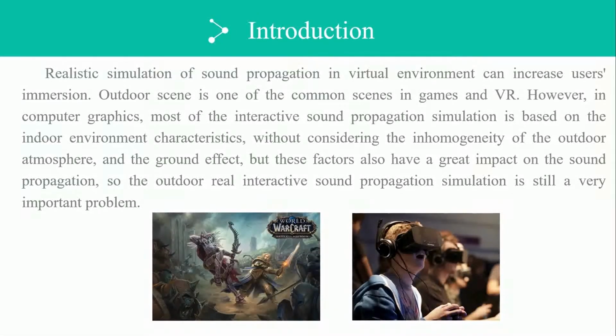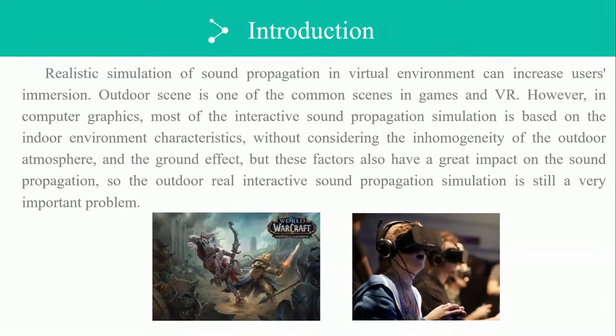Realistic simulation of sound propagation can improve users' immersion in games or VR. Outdoor environment accounts for large parts in the virtual environment. Therefore, realistic simulation of outdoor sound propagation is necessary. Some research has proposed sound propagation techniques that can be applied in both outdoor and indoor scenes.